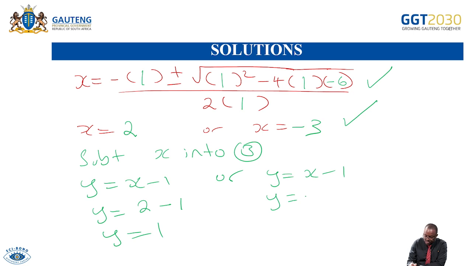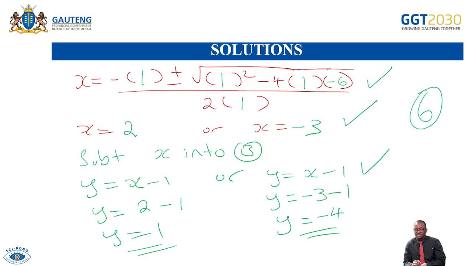And on this side, we substitute negative 3 minus 1, which is going to give you negative 4. Then you get mark number 6. So that's how we solve your simultaneous equations. Easy as a, b, and c. And that's where grade 11s, you accumulate a lot of marks.